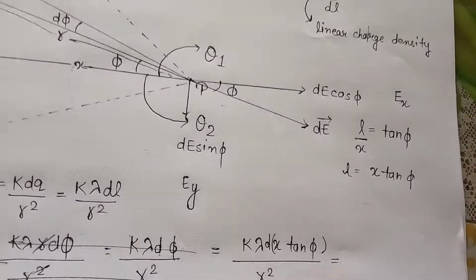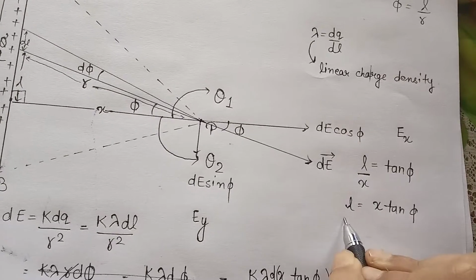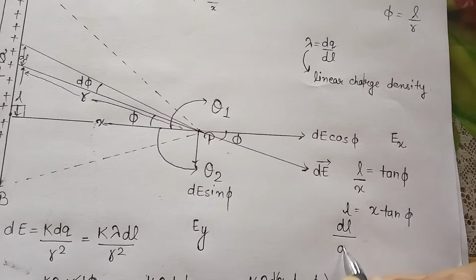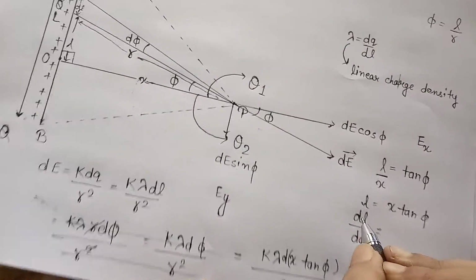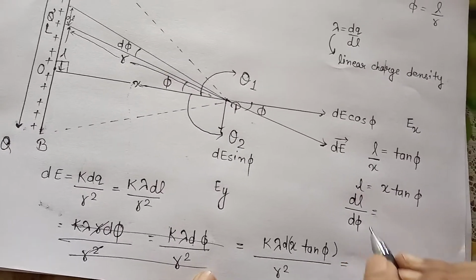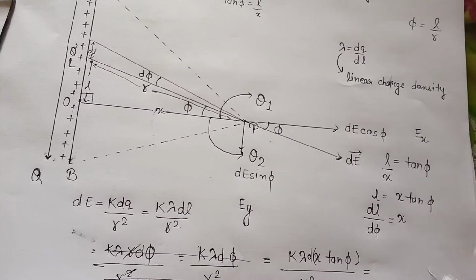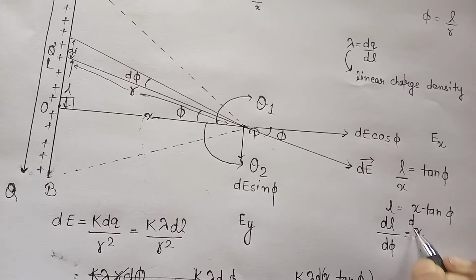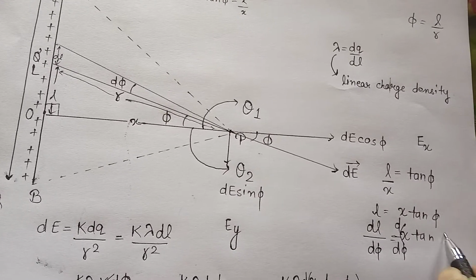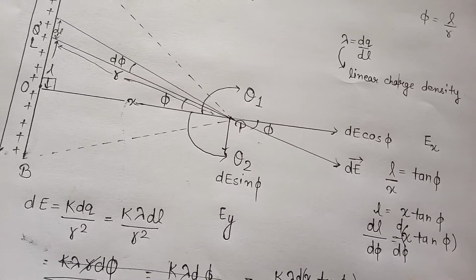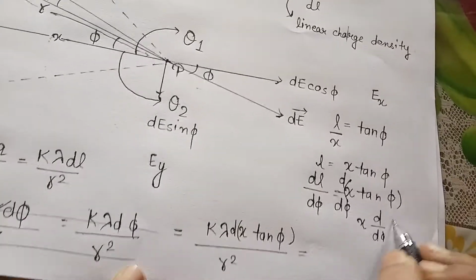Now let's differentiate this. So what will be dl by d phi? We are differentiating L with respect to phi, so this will be d by d phi of x tan phi. Now x is constant, so we can take x out. D by d phi of tan phi.